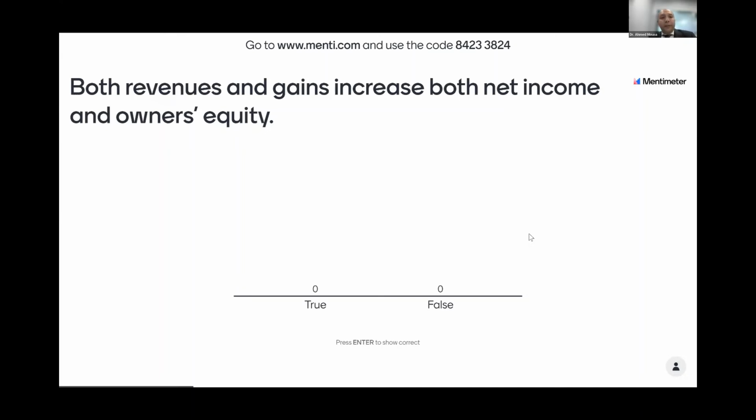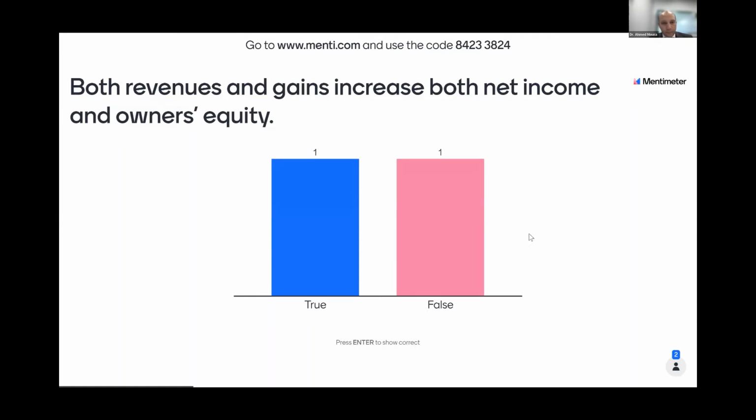Okay, both revenue and gains increase the net income and owner's equity. So what is owner's equity? It is the capital of the owner. The capital of the owner increases when I generate income.